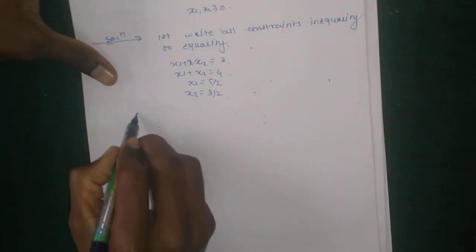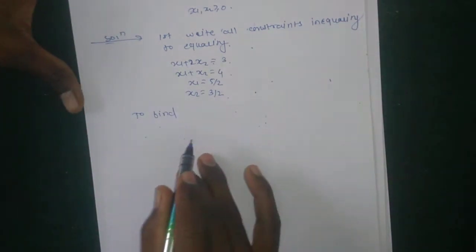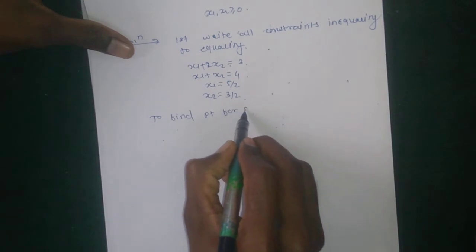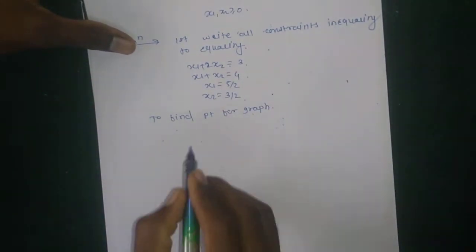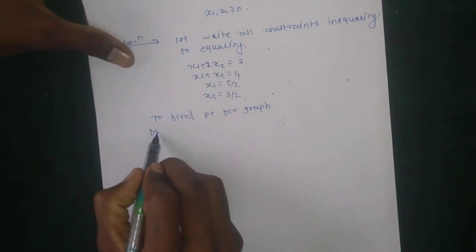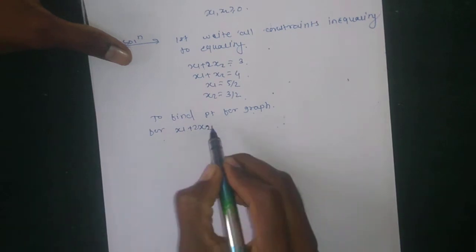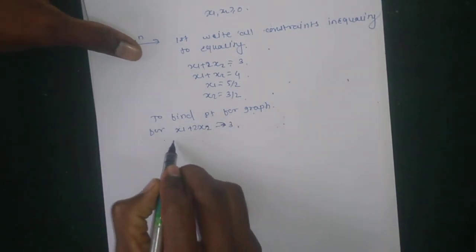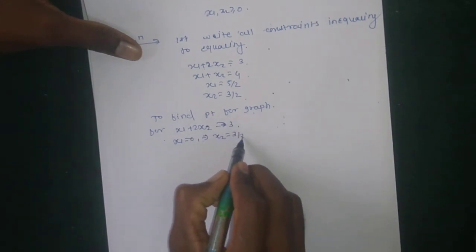Then we have to find points for the graph. For the first line, x1 plus 2x2 is equal to 3, the points are: when x1 is equal to 0, x2 is equal to 3/2.